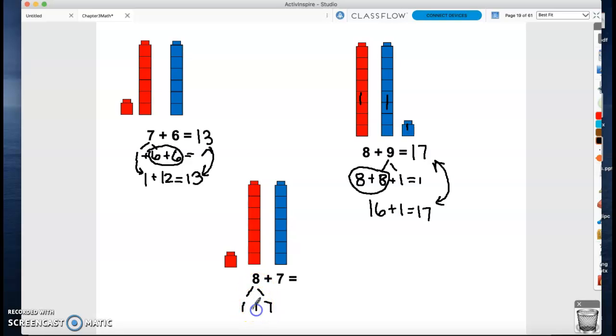So I'm going to add those two up, plus the other 7 blue that I have equals, I see that I have a doubles fact right here. 7 plus 7 equals 14, plus 1 more equals 15. So 8 plus 7 equals 15.